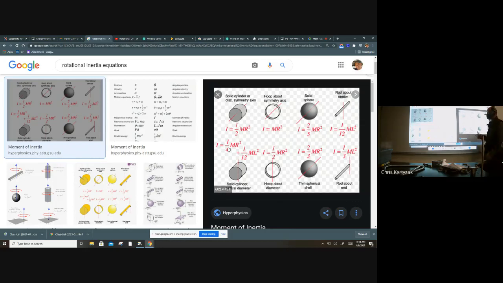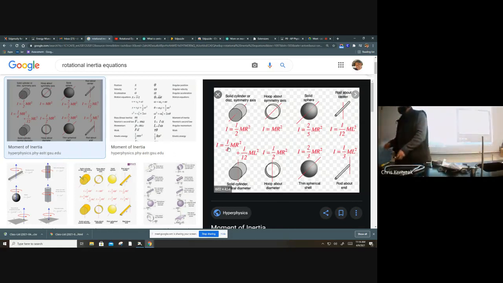The hoop, which has all of its weight stuck out on the end, has twice as much resistance, because you can think of that as 2/2 mr squared, and the one to the left of it is 1/2 mr squared. It's only half of the one to the right of it. So again, sticking weight further out always increases the rotational inertia.